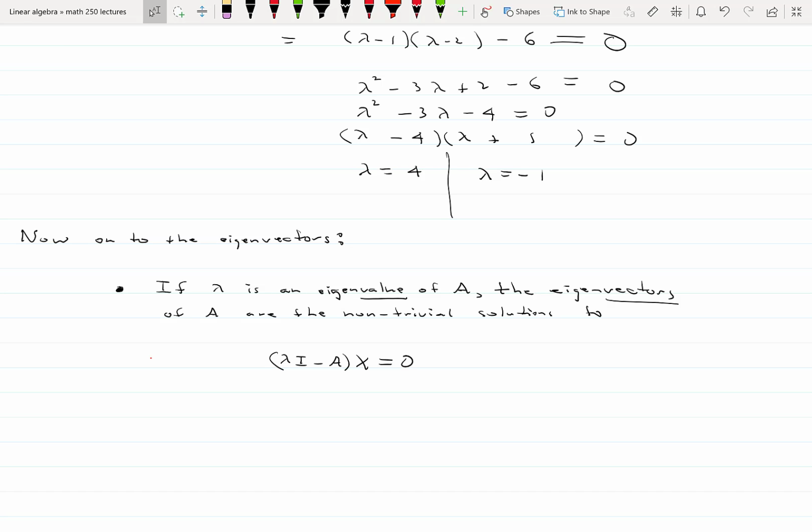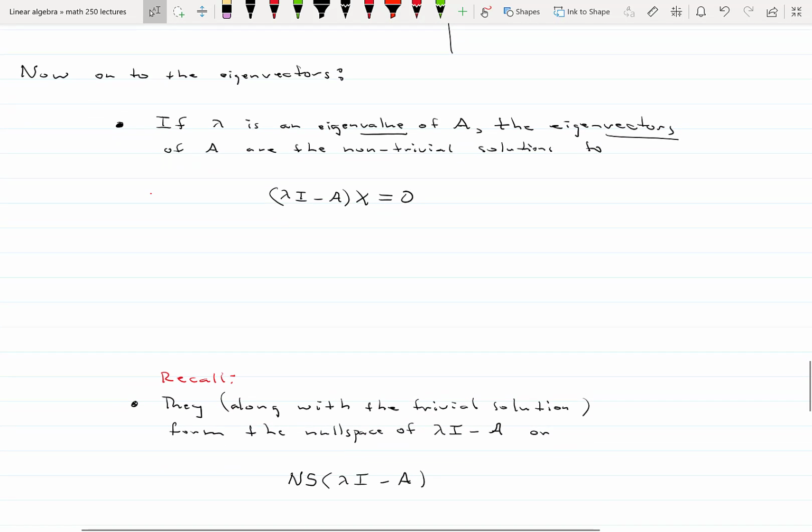Now we have some terminology associated with this idea. Recall that these solutions, the eigenvectors, along with the trivial solution, form what's called the null space of this matrix lambda I minus A. Remember, the null space of a square matrix is the set of solutions, including the trivial solution, to the homogeneous system Ax equals 0.